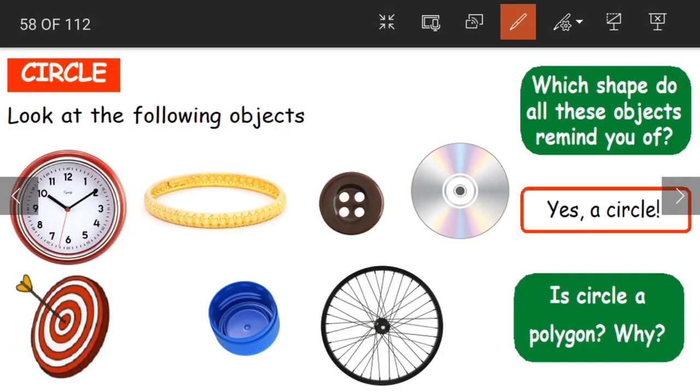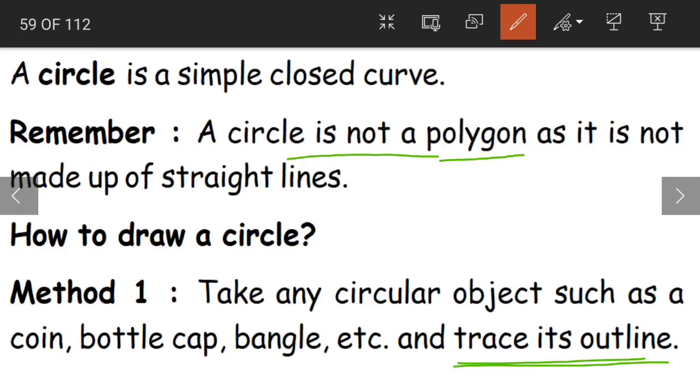outline. For example, if I am choosing this bangle, I'll place the bangle on a piece of paper, and following the outline, I'll draw a circle on the paper. Now after drawing, when I remove the bangle, what will we be left with? We'll be left with only a circle on the paper.